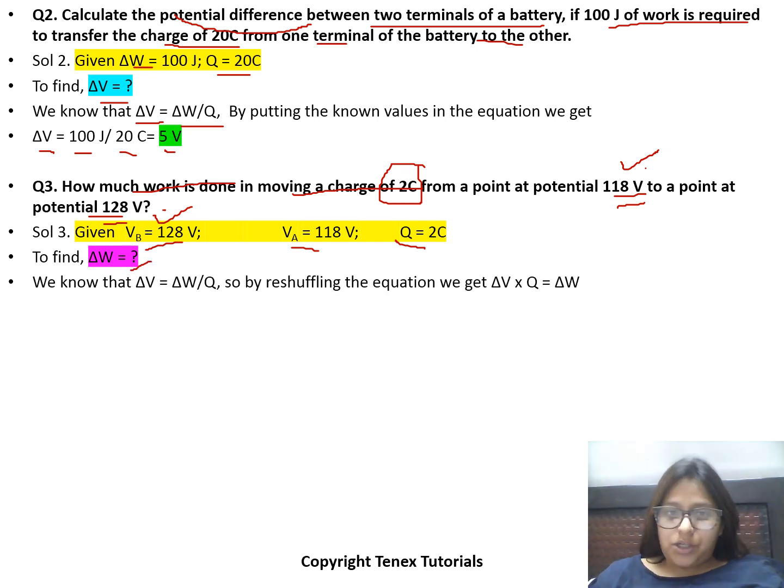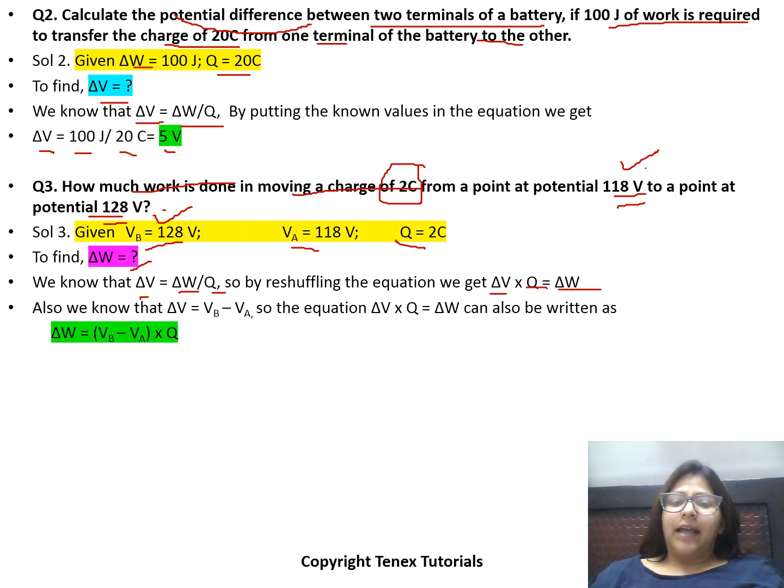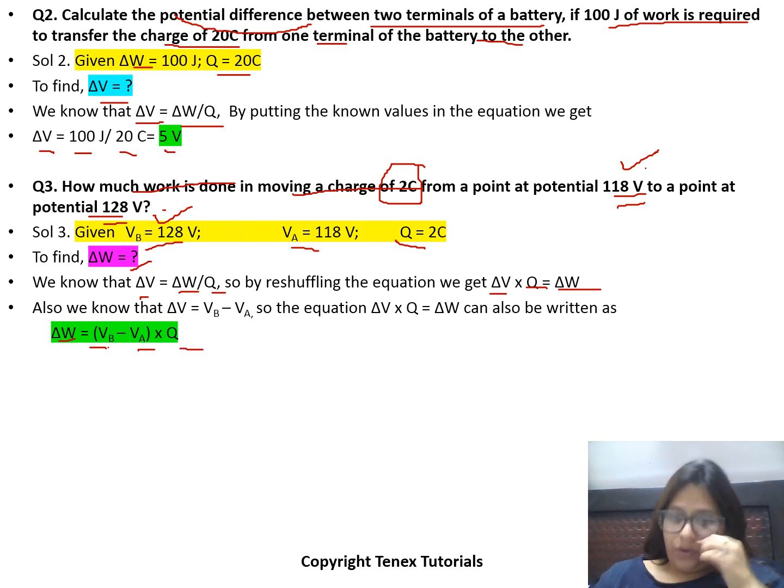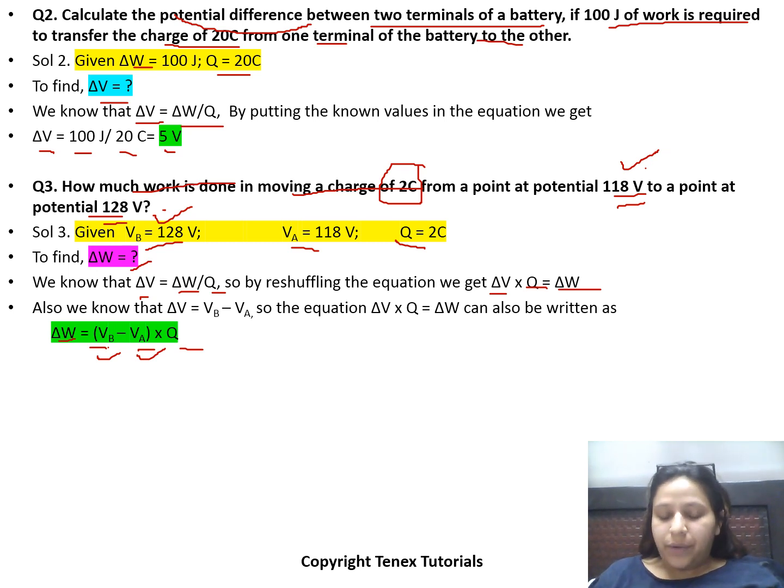So the equation is delta V is equal to delta W upon Q. If we reshuffle the equation, we get delta V into Q is equal to delta W. So I can write this as delta W is equal to (VB minus VA) into Q. If the potential difference is not directly given to you, you need to calculate it by finding the difference between the final potential and the initial potential. So we are going to calculate this potential difference and put the value over here.